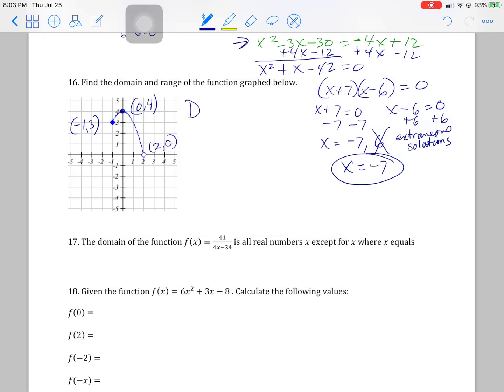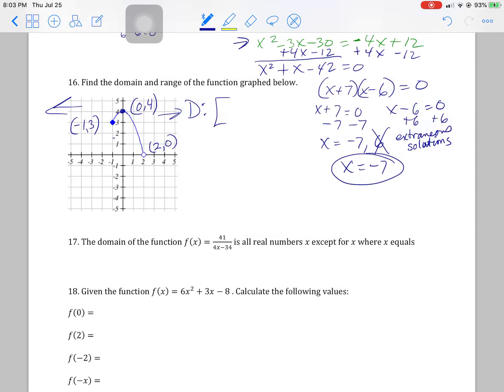All right, so when we talk about the domain, we talk about the lowest x that we can have, kind of going this way and this way, right? So the farthest one this way is negative 1. This line of the graph goes farthest to the left at negative 1, with a solid dot.